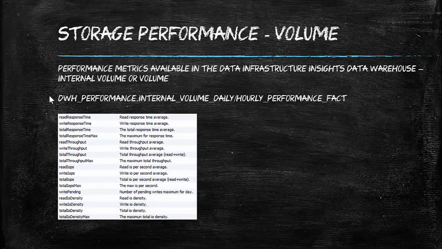From an internal volume daily, hourly performance fact, I use this quite a bit. Similar types of metrics, as you can see. The IO density piece is used for storage and design workshops and also for calculating service levels. And we have many reports that actually leverage that and provide great ROI and immediate value for our customers.